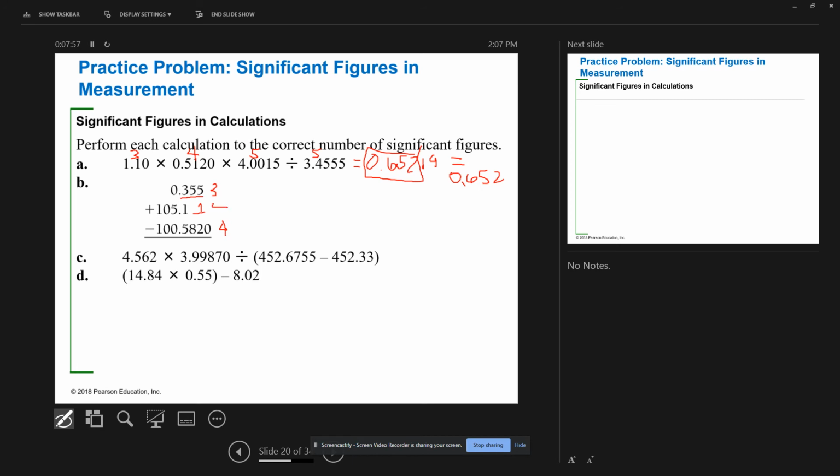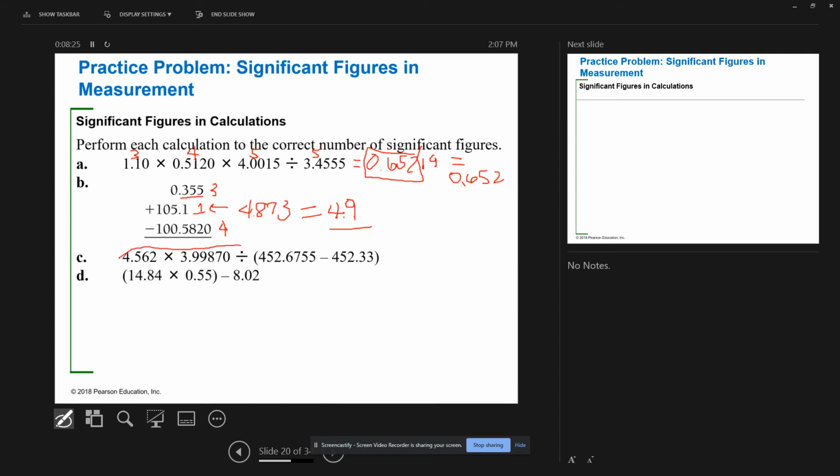So my answer will be to 1 decimal place. When I do this math without rounding, I get 4.873. So now I'm going to round it to 1 decimal place. So my answer will be 4.9. So that will be my answer. Now in C, I have 2 rules.